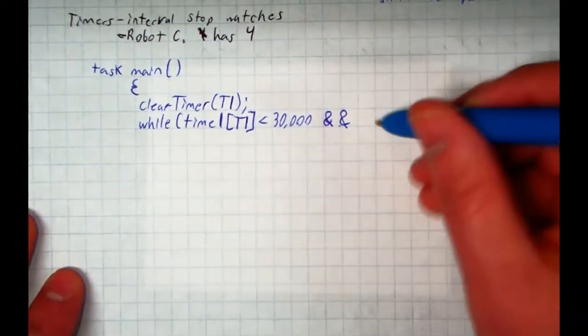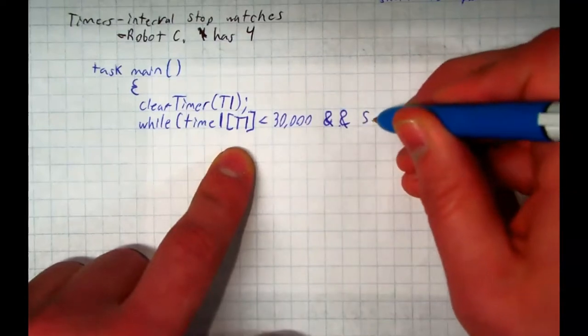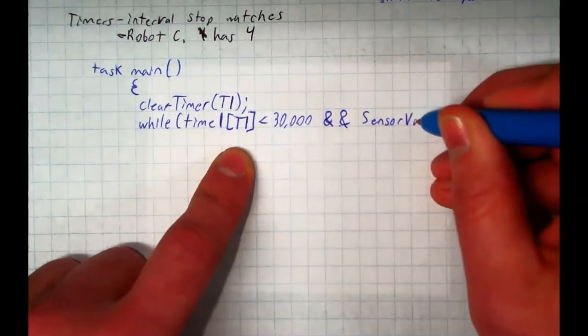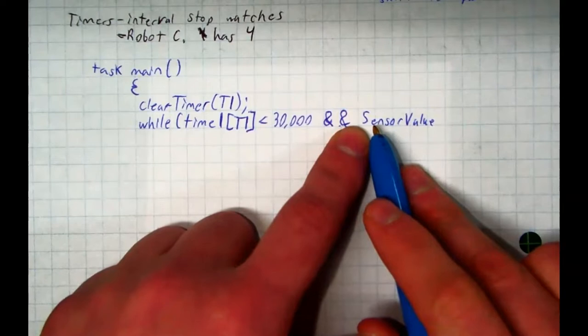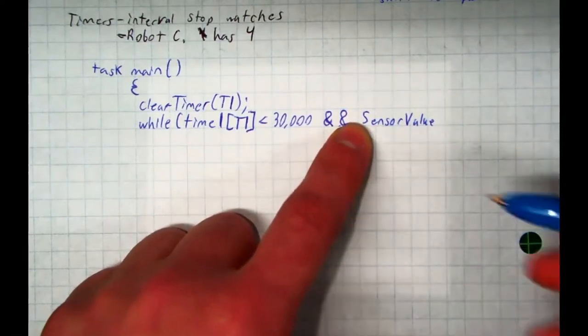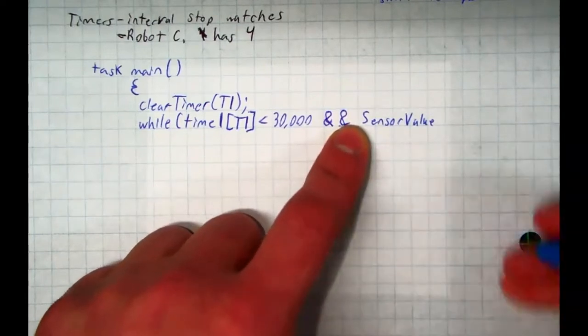To write a while statement for a sensor, you start by writing SensorValue, capital S. This is one of the few exceptions of using the first word with a lowercase first letter. You'll see it when you do it in your code. It'll correct it for you. It's just something you got to remember.